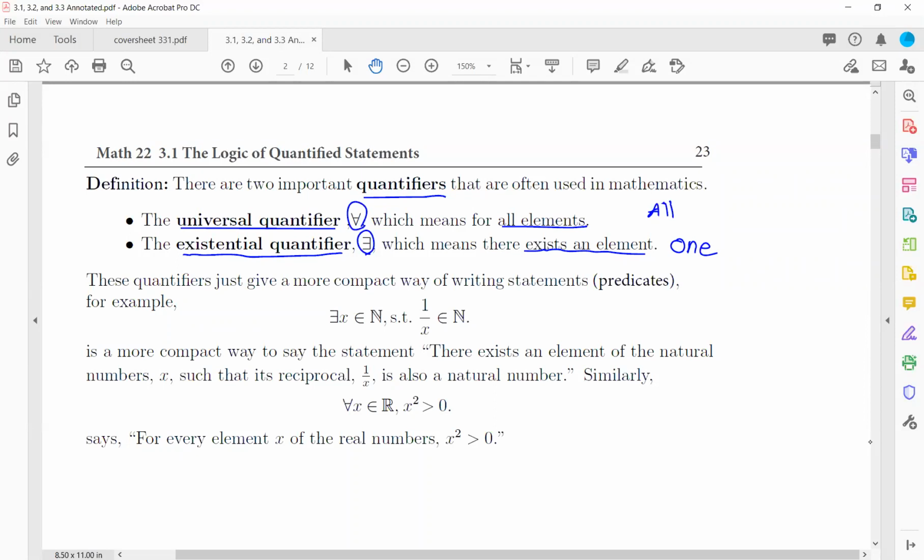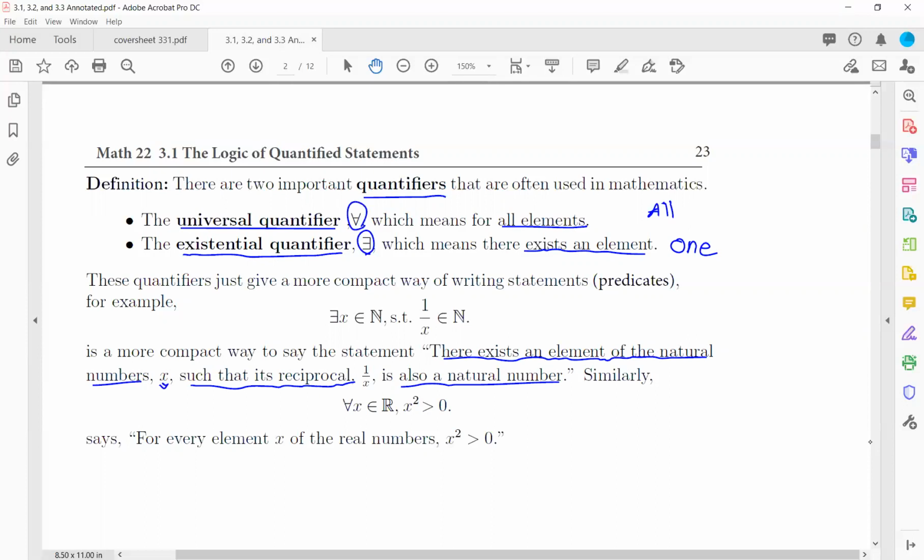For example, you can say there is one natural number such that 1 over that natural number is also a natural number. There exists an element of natural numbers like x such that its reciprocal 1 over x is also a natural number. Okay, can we find that number?